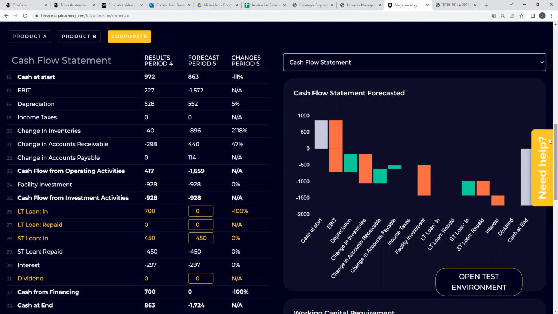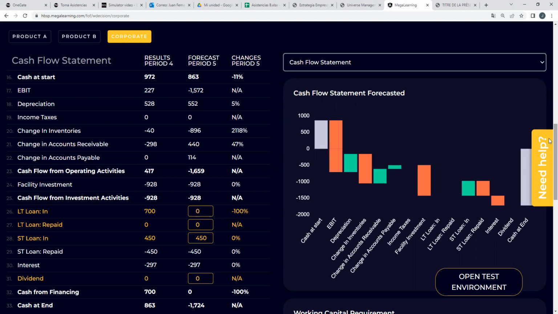Once you guys are done with the decision, and once we run all the decisions in the simulator, we are going to have real results for period 5. Okay, that's the dynamic. So here you guys have the decision with the loan.